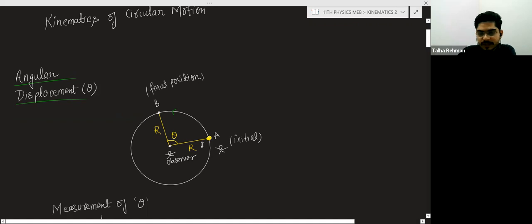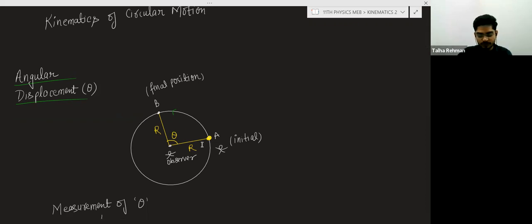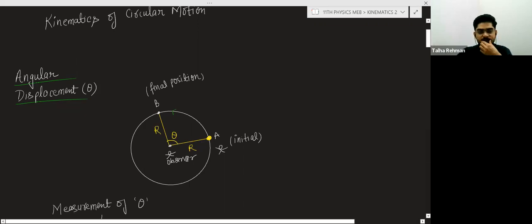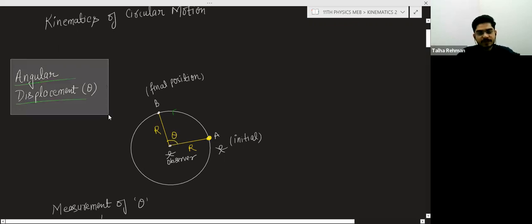You are watching circular motion, somebody is moving like this, so you will watch the motion like this. Your neck, your head will be moved from down to up like this. So basically, the angle subtended by the person will be the angular displacement. The person is initially at A, finally at B, and this theta will be the angular displacement in simple words.